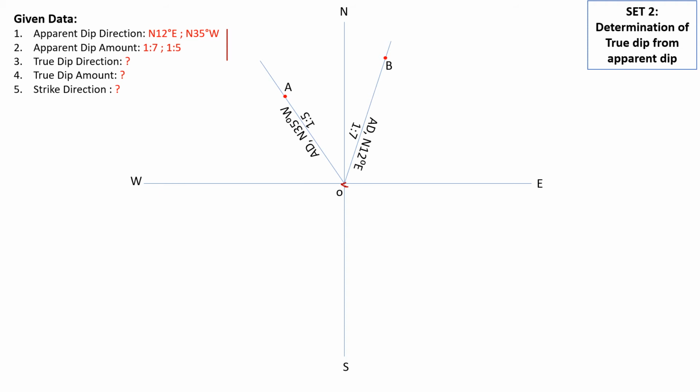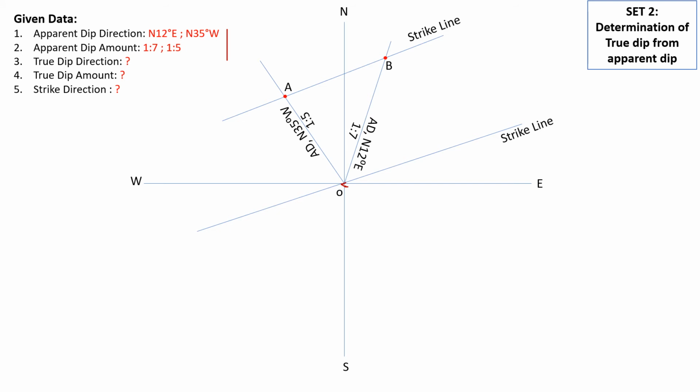I'll join point A and B, and parallelly transfer this line to point O with the help of a roller scale. I'll mark them. These are my strike lines.